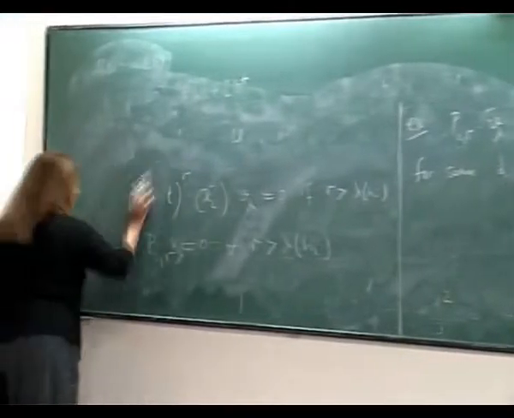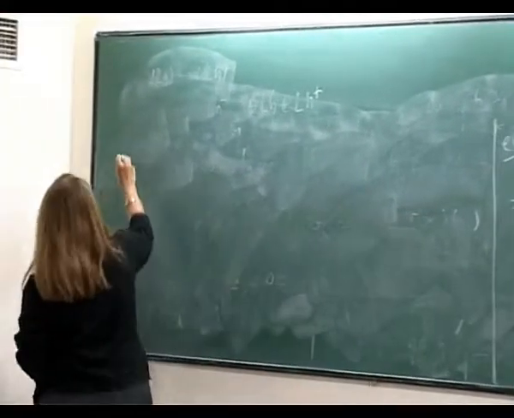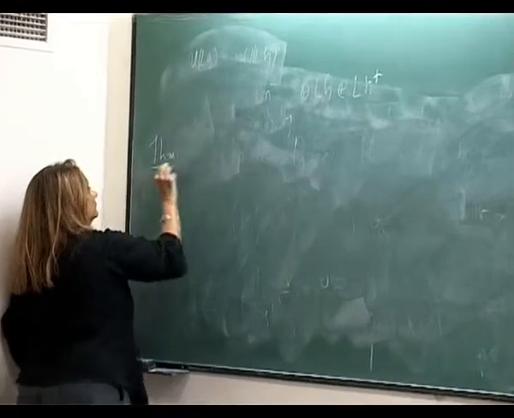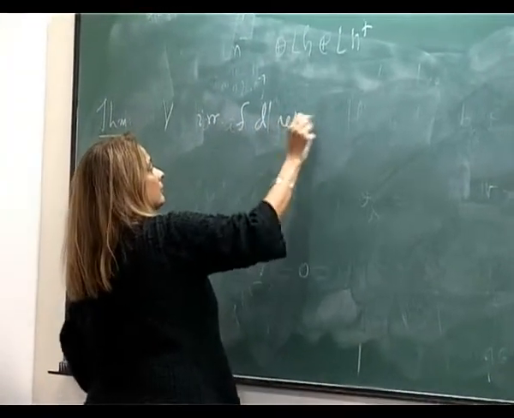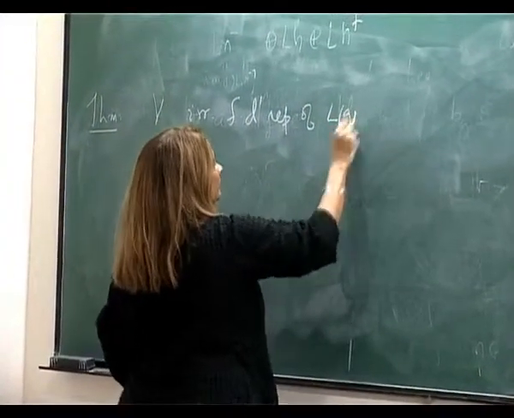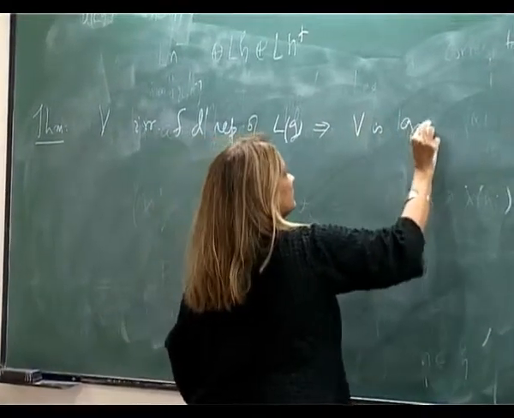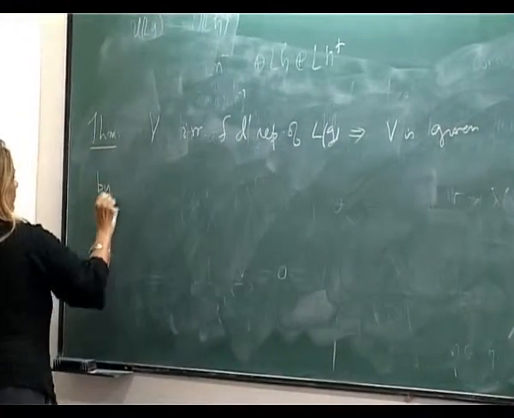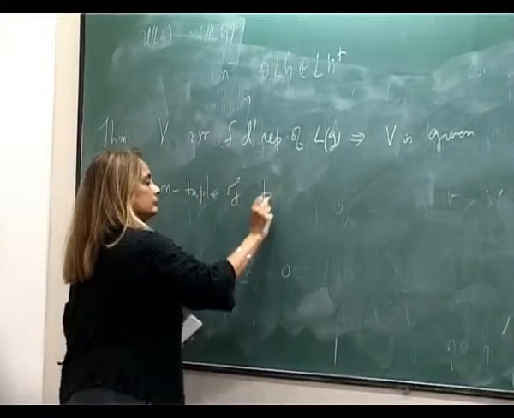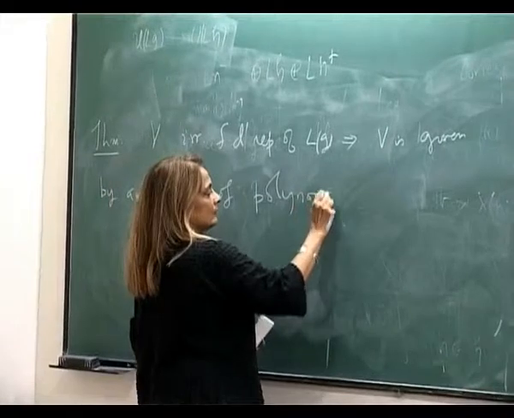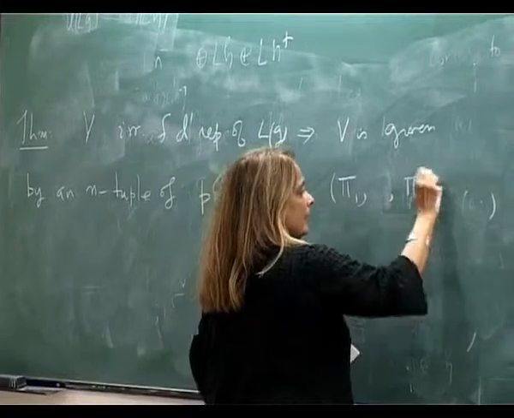now the result will look different stated in this way. What I want to tell you is how it's the same. So then the theorem is: the irreducible finite dimensional representation V of LG is given by an n-tuple of polynomials pi 1 up to pi n.